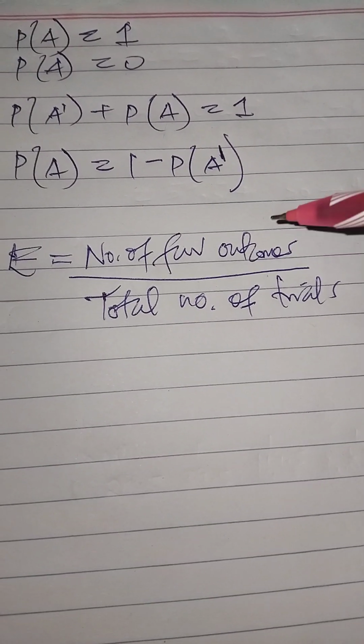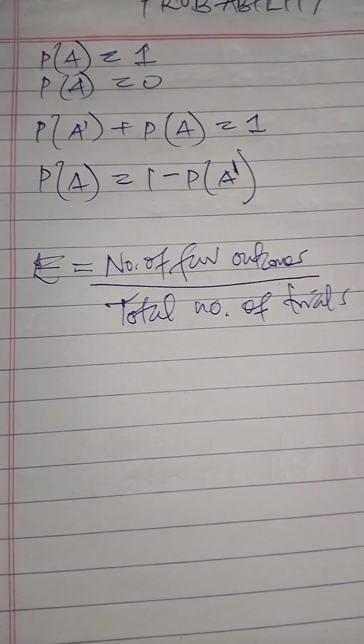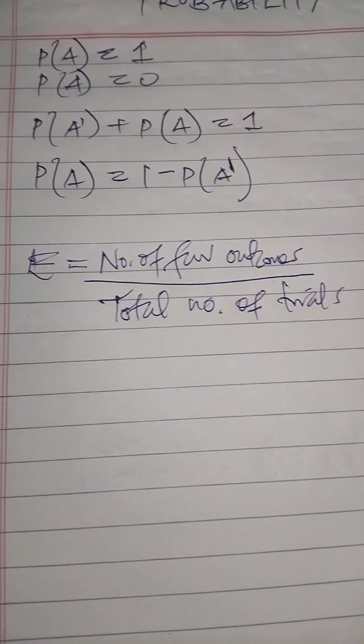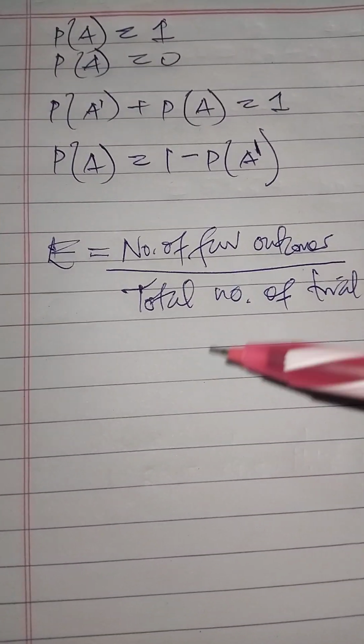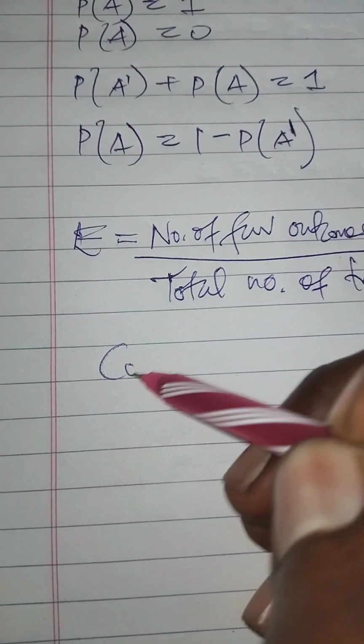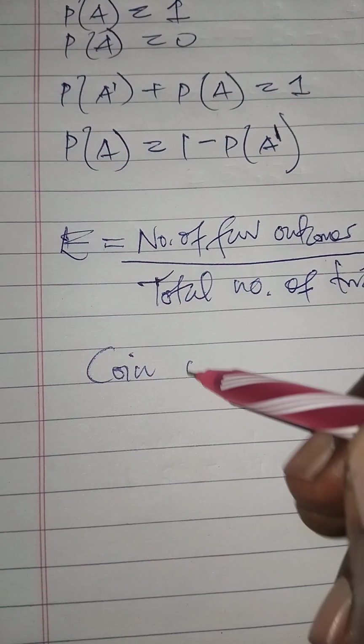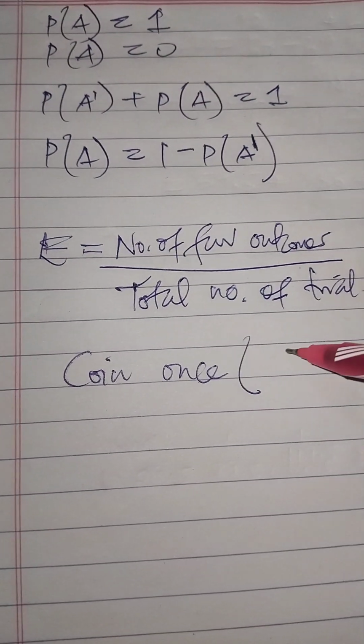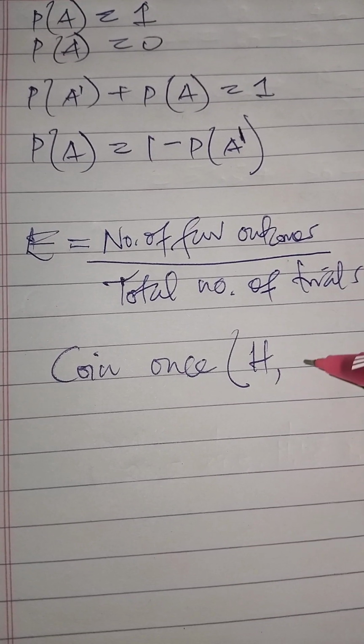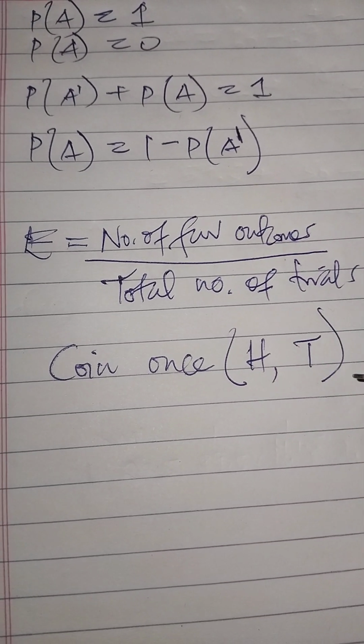So for example, you want to find the probability of getting a head or a tail when you toss a coin once. So you have tossing a coin once, you only have 2 outcomes. You can either get a head or a tail.